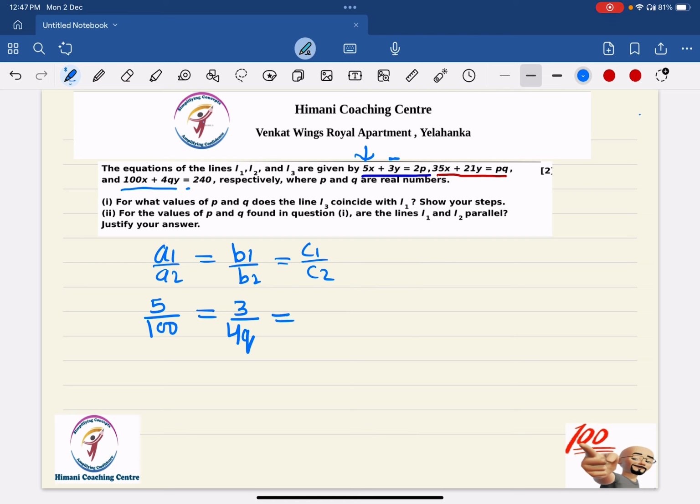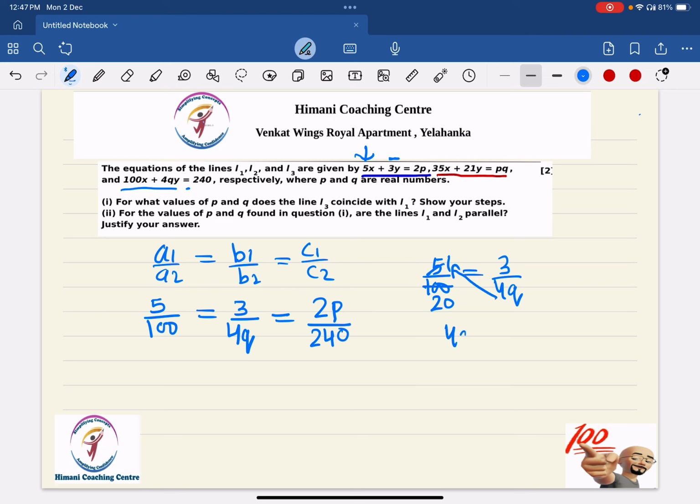Okay. Now C1 and C2 both are on the same side. So just write C1 is given to us as 2p, while C2 is 240. So in order to find p and q, what should we do? See, we can write 5 by 100 equals 3 over 4q. 5 by 100 is what? 1 over 20.